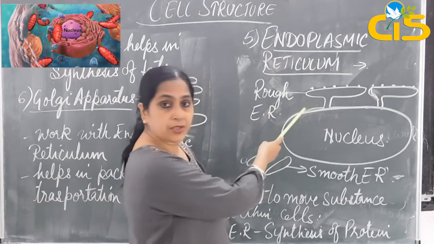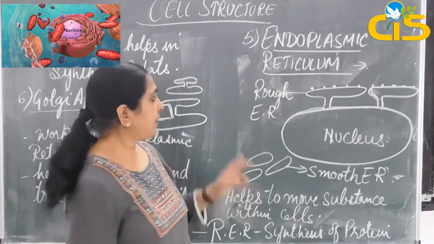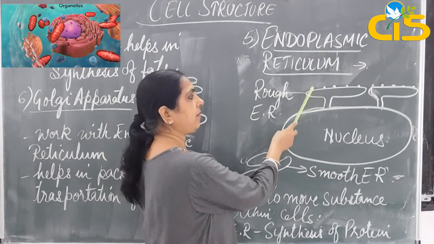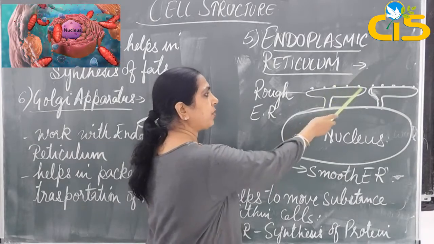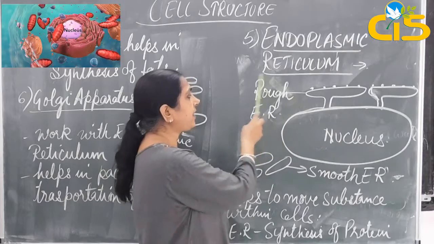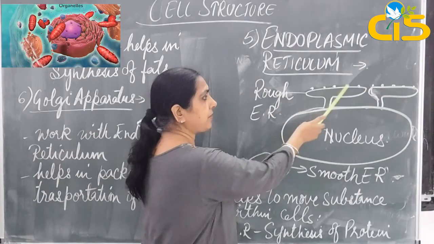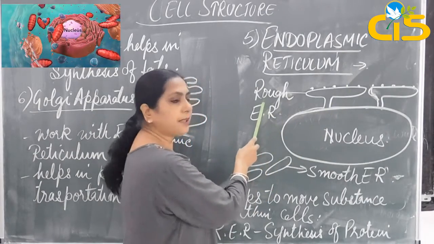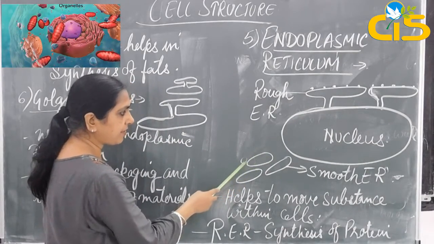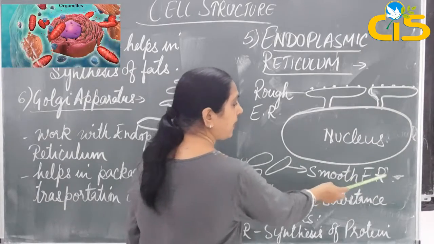It has important functions, and there are two types of endoplasmic reticulum. Firstly, you see the dotted structures over the endoplasmic reticulum. The dots are called ribosomes, and that category is called the rough endoplasmic reticulum. Then we have the plain, rounded sac-like structure, and the second category is called the smooth endoplasmic reticulum.